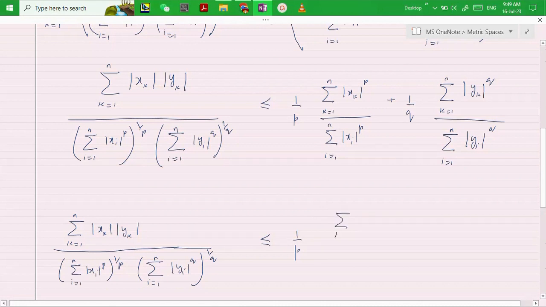When we replace k by i here, what happens? i from 1 to n mod xi power p divided by the same thing, plus likewise summation i from 1 to n mod yi power q.